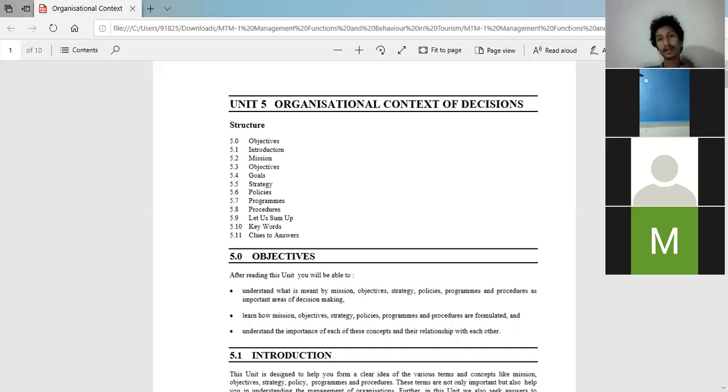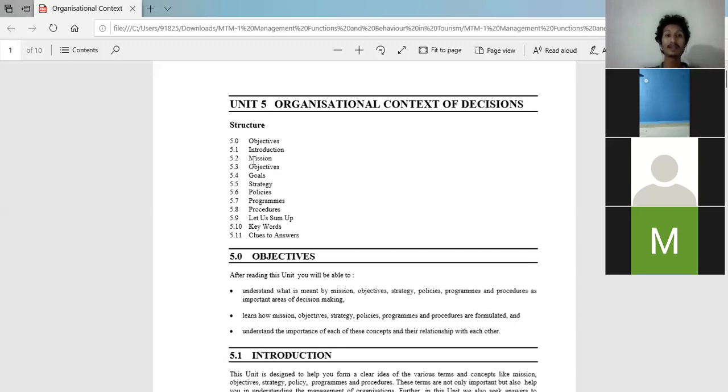Unlike the previous chapters, here it is step by step. First you have to prioritize or make the mission. What is your mission? Set your mission. Decision means deciding.